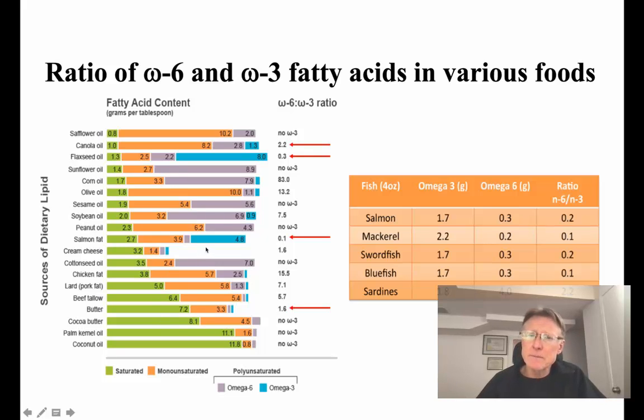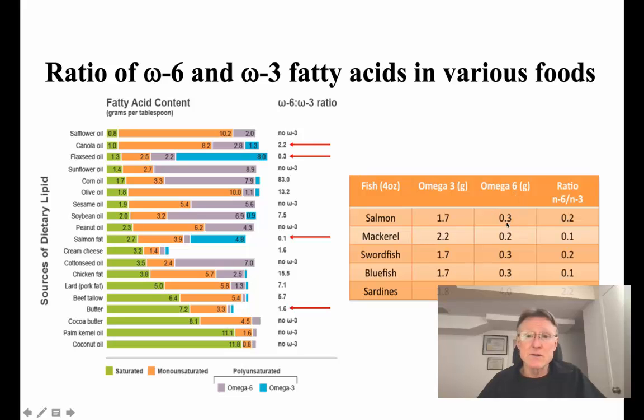And on this table on the right, what you see are the ratios for the foods more frequently recommended for people to utilize as sources of omega-3. If you look at salmon, in 4 ounces of fish, you have approximately 3 grams of omega-3, and omega-6 is only 0.3.